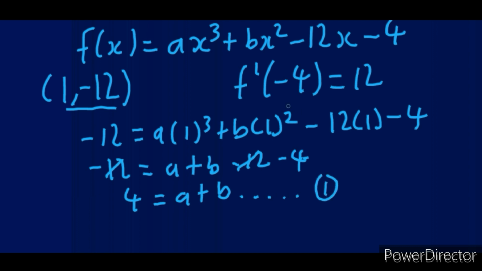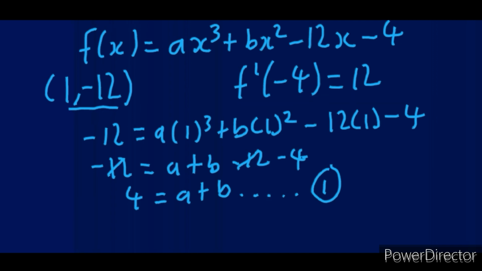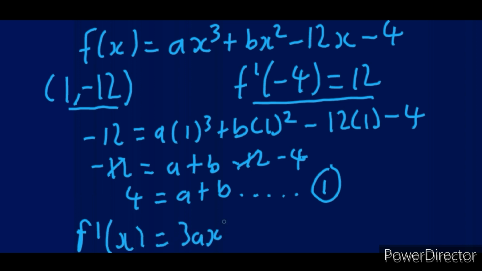And then we create equation 2 by substituting this information into the derivative. Alright, let's substitute this information into the first derivative. So we know that the first derivative we have to derive. So it's going to be f prime x equals 3ax squared plus 2bx minus 12. So let's substitute this information.